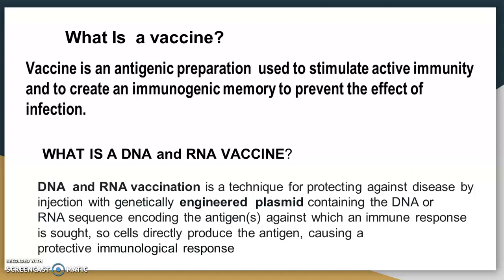So cells directly produce the antigen, causing a protective immunological response. That means we engineer the plasmid containing the foreign DNA or RNA sequence that will generate mRNA or proteins, and these proteins act as an antigen.